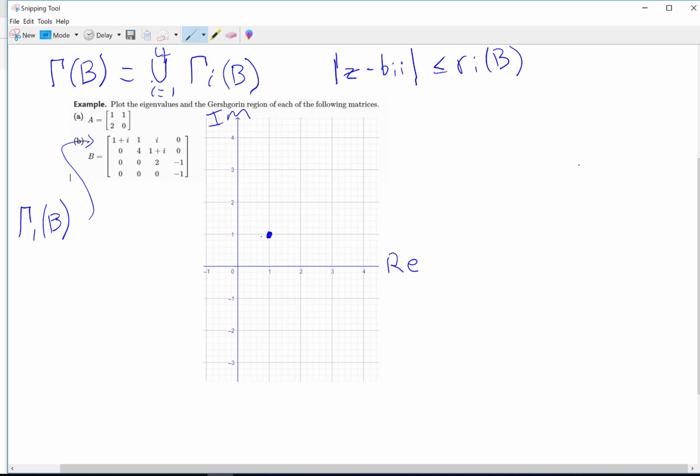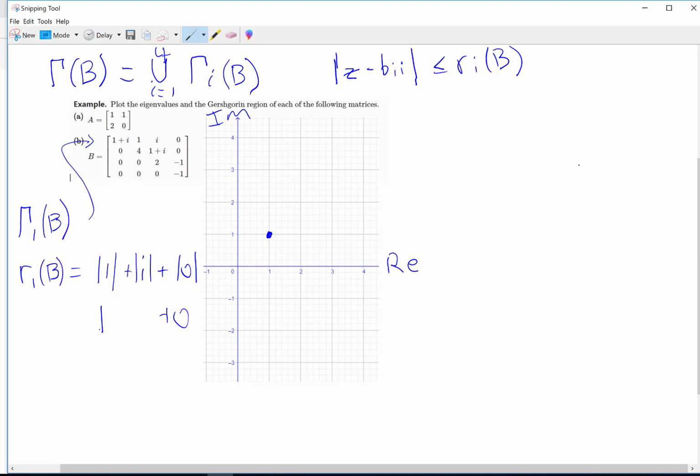And that's going to be the center of gamma 1 of B. So what we need to know, I guess, is the radius, R1 of B. Well, what that equals is the absolute value of the entries in row 1 that are not on the diagonal. So it's the absolute value of 1 plus the absolute value of i plus the absolute value of 0. So I know you know that this is 0, and I know you know that this is 1.